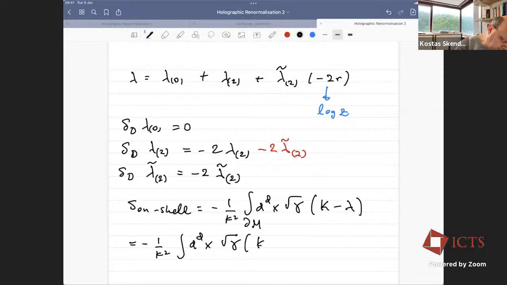So we have kappa 0 plus kappa 2 minus lambda 0 plus lambda 2 minus 2r lambda tilde 2.